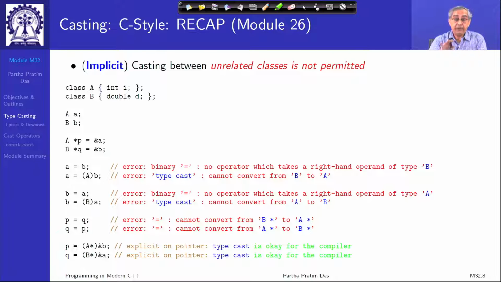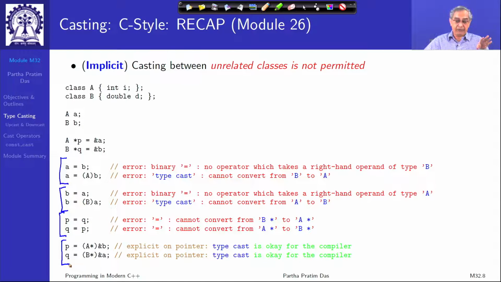If we came to the unrelated types, we saw several things that cannot be done. You cannot convert an object, implicitly or explicitly by casting, from one type to another. None of these are allowed. You cannot convert their pointers implicitly, but using the C style you can explicitly cast the pointer of one type to another type, even though they are unrelated.